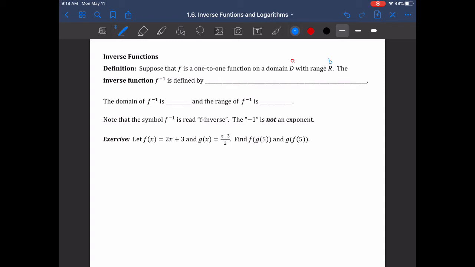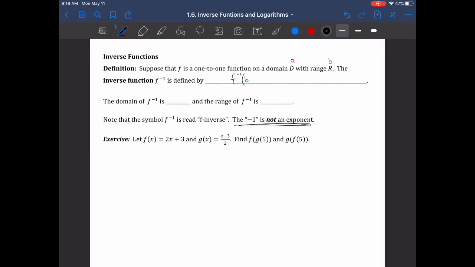The inverse function, f to the negative 1 there, now keep in mind, this negative 1 is not the exponent negative 1. It's not f to the negative 1 power, so it's not 1 over the function. It is defined by f negative 1, so f inverse we usually say, of b.